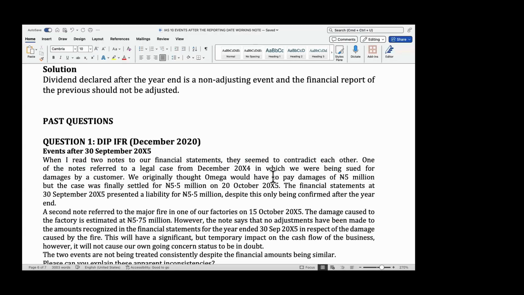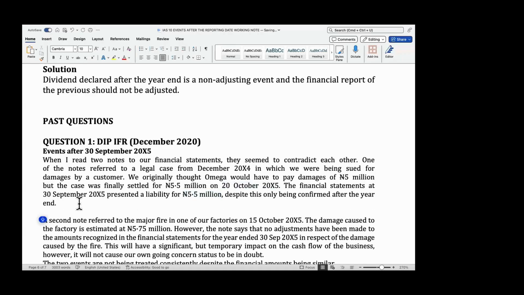They originally thought they would pay 5 million, but the case was finally settled for 5.5 after the end, on 20th October. So the financial statement at September, at the end, already included the 5.5 million, despite this only being confirmed after the end.